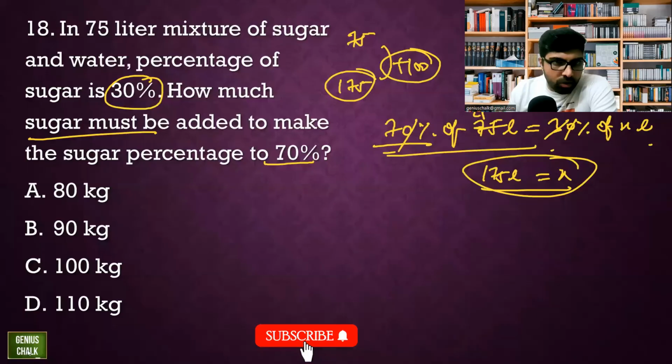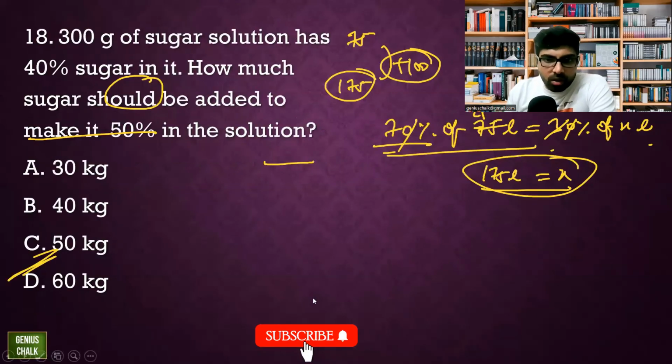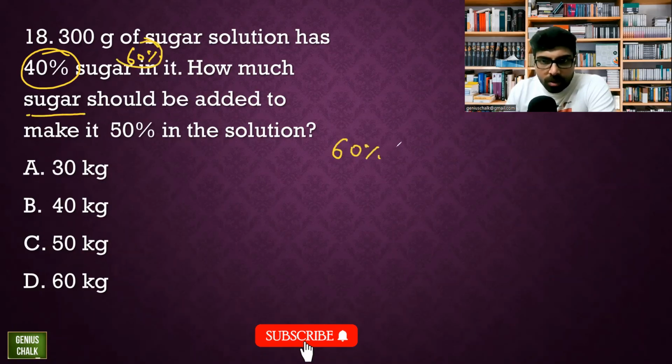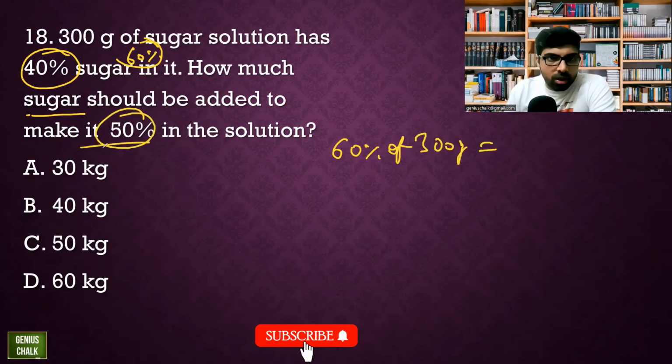Okay. This one is 19th. So here again the same concept. 300 kg of sugar solution has 40% sugar. That means 60% water. How much sugar? Sugar is added, the water is same. That means we can write 60% of 300 gram solution must be equal to, you can say, the sugar added is 50%. So the remaining 50% should be water.